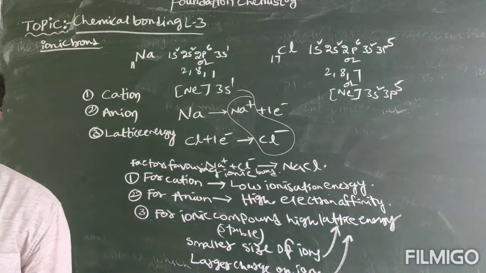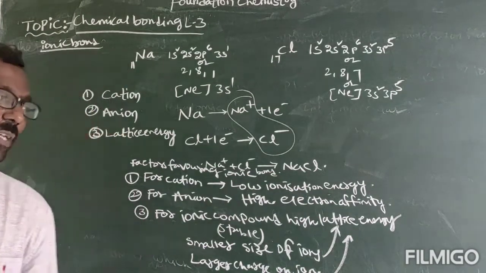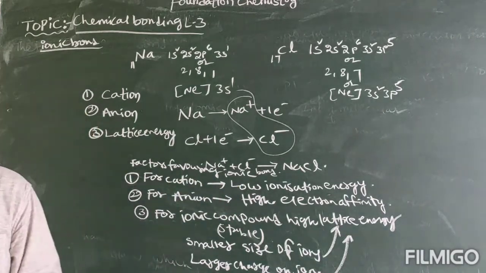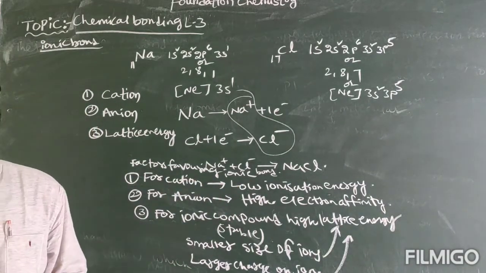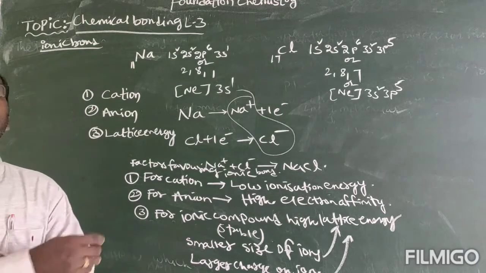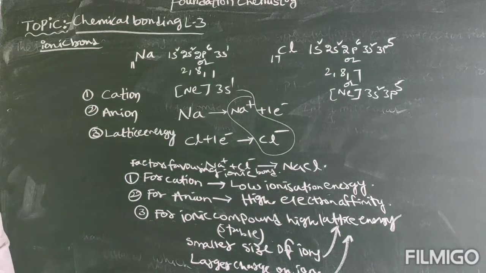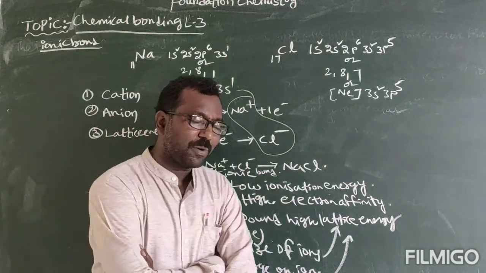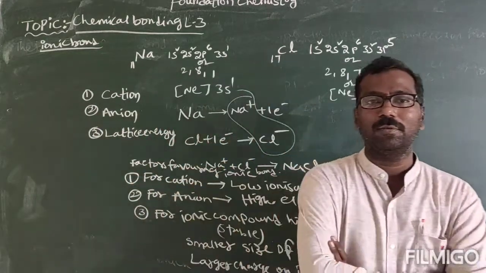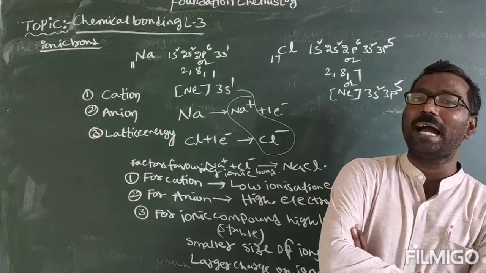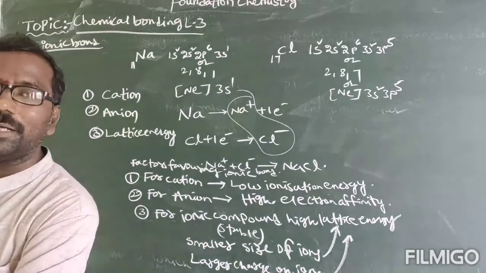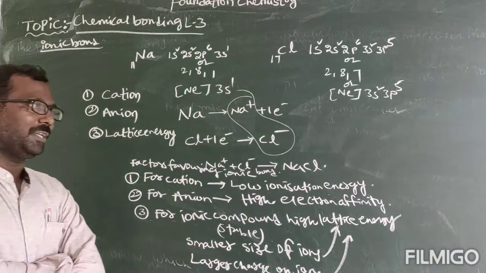So how will ionic bonding be formed? Where a cation should be there and an anion should be there. And how are these anion and cation formed? The atom should have low ionization energy. Suppose the question may come like this: an element has low ionization energy, and there is another element which has high electron affinity.